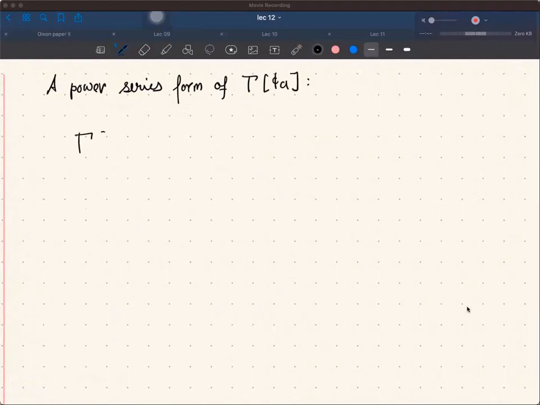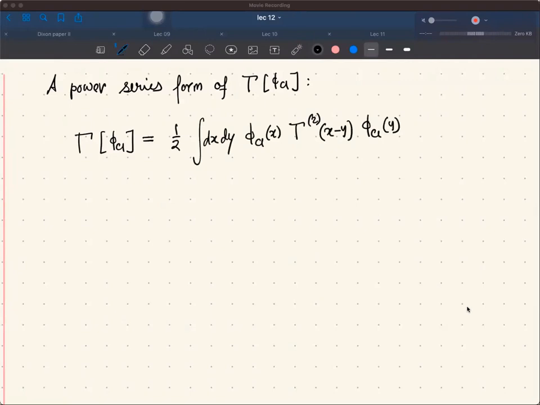It can be written as gamma of phi_cl equal to half integral dx dy phi_cl(x) gamma_2(x minus y) phi_cl(y), and then order phi_cl cube.